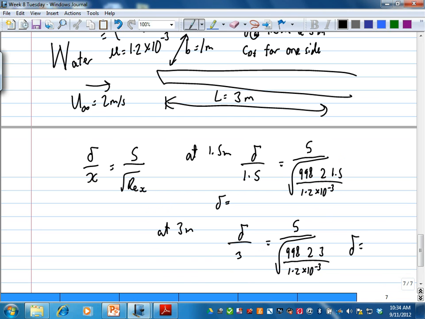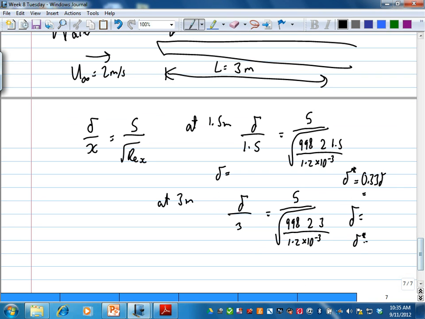It's very thin. Few mm only. I expect the answer to be a few mm. Is that okay? So you can predict the boundary layer thickness. And if you want, you can also predict del star. Del star is equal to approximately 0.33 del, equals to what?